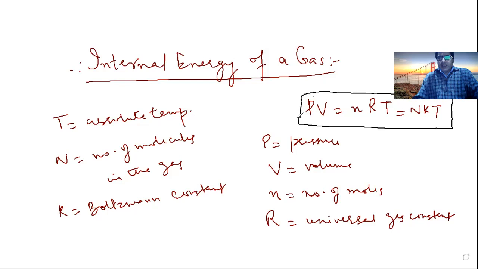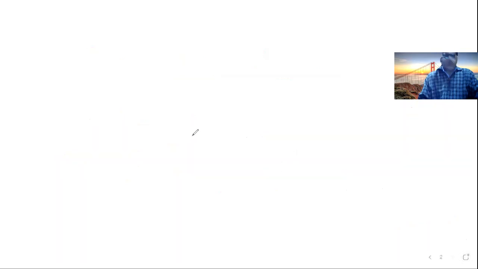Any real gas behaves like an ideal gas when it is kept at low densities, or in other words, when it is kept at high temperatures and low pressures. There is another idea, how we relate the temperature of a gas with the motion of molecules in the gas.